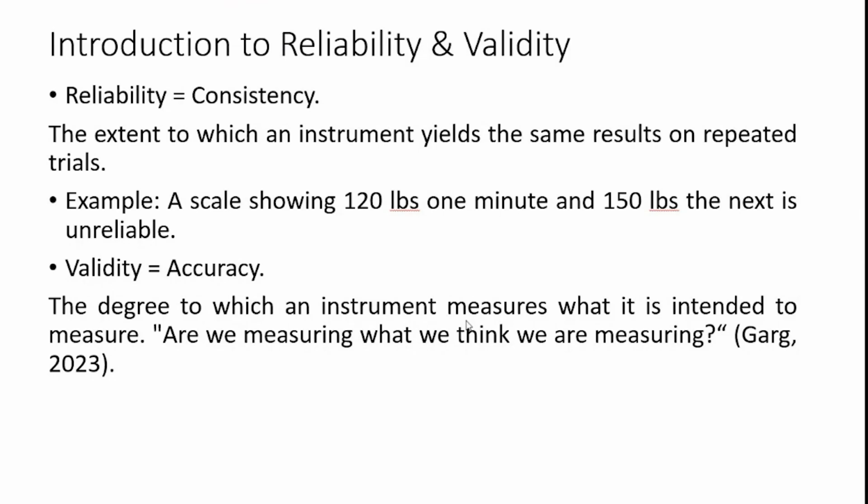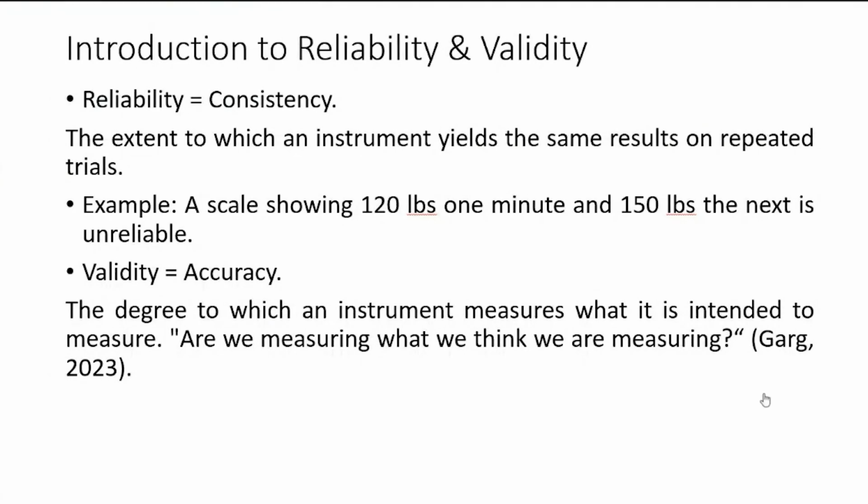Reliability in research means consistency, while validity is accuracy. So one talks about how consistent, while the other talks about how accurate the instrument is. Consistency is all about reliability, while accuracy is all about validity.